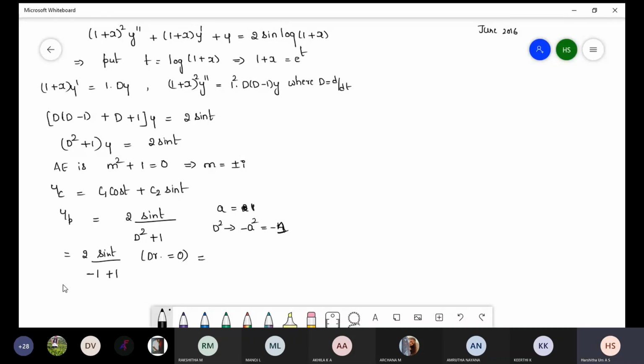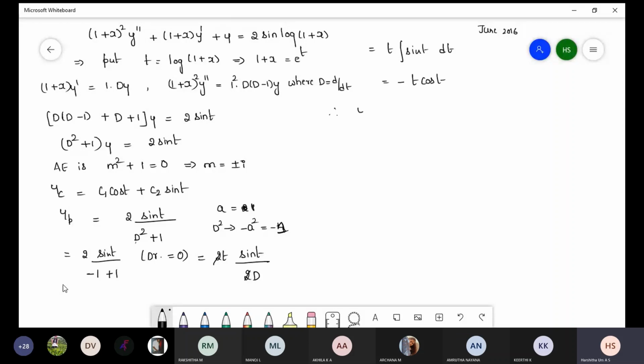When the denominator becomes 0, we have to multiply with t and write the numerator term as it is. Differentiation of the denominator is 2D. 2 will get cancelled. Reciprocal of the differentiation is integration. So integration of sin t, we get minus t into cos t.